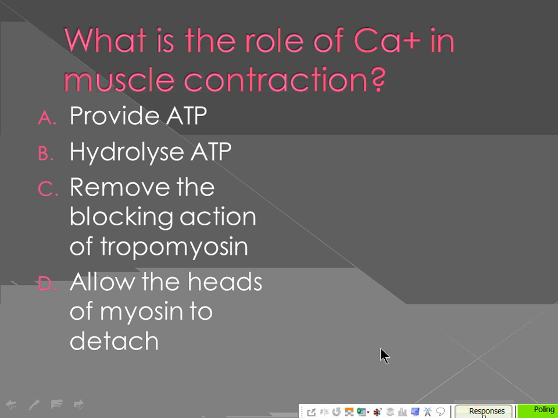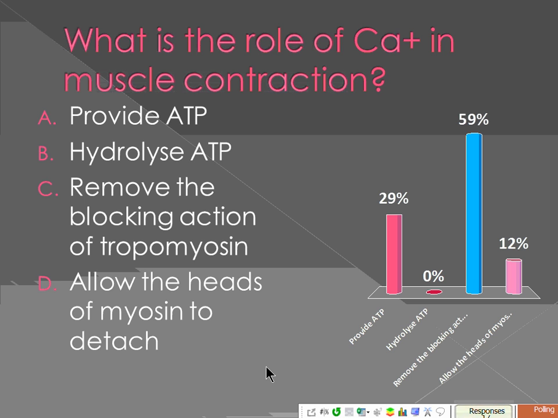Okay, what is the role of calcium in muscle contraction? Well, half the class got it right.